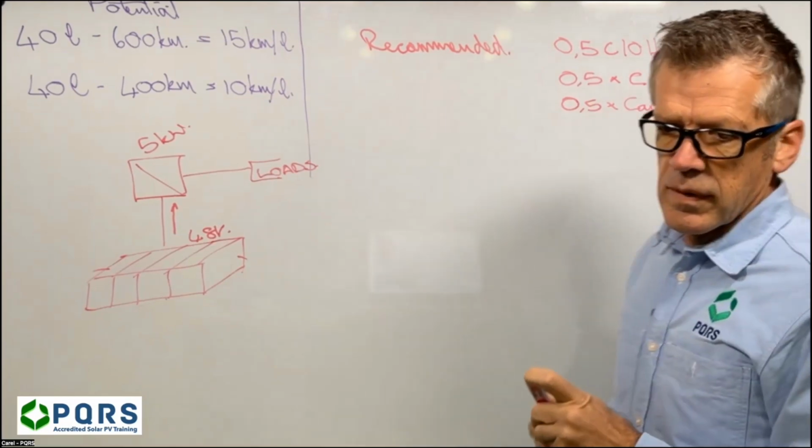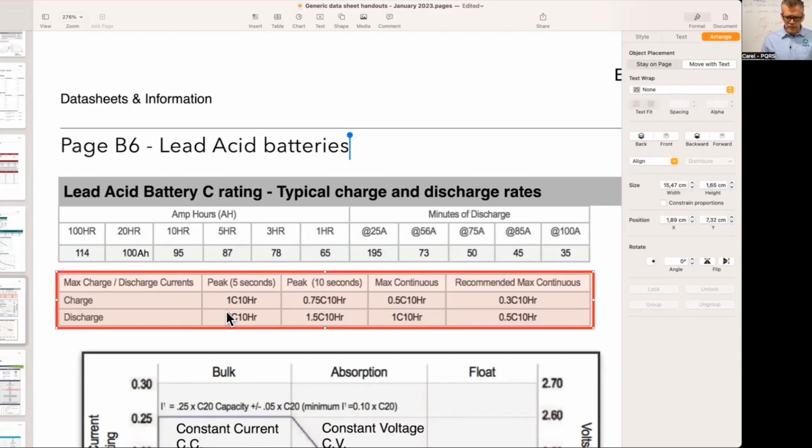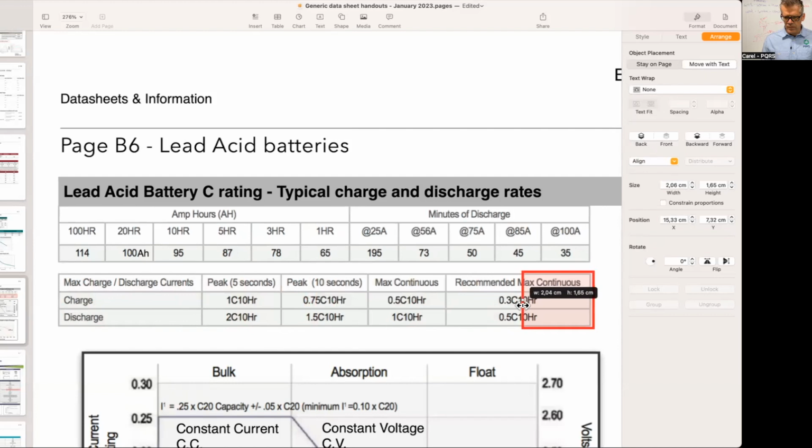So let's quickly take a look at what that rating is. We'll see that the 10HR value sits over there. What it's saying is at 10 hours, the 100 amp hour battery becomes a 95 amp hour battery.